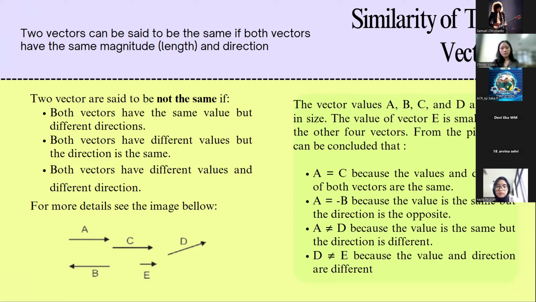Vector A is equal to minus vector B because the value is the same, but the direction is opposite. Vector A is not equal to vector D because the value is the same, but the direction is different. And vector D is not equal to vector E because the value and the direction are different.